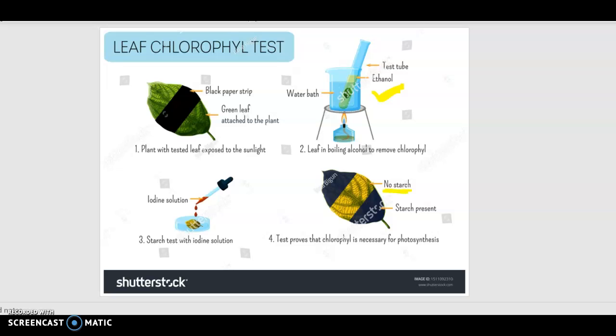When we cover any part of the leaf, that part will not be able to get sunlight, and in this way starch is not prepared in that portion.